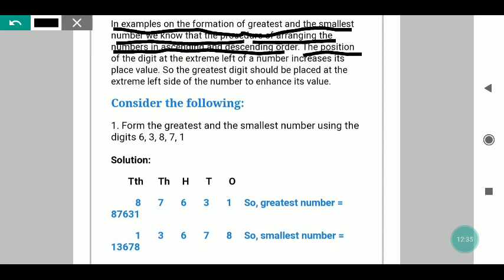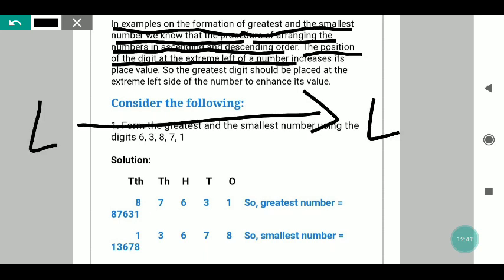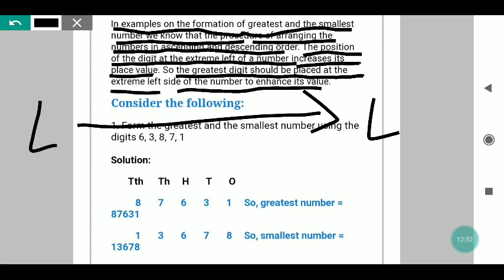The position of the digit at the extreme left, going from left to right, increases its place value. So the greatest digit should be placed at the extreme left side of the number to enhance its value. Enhance means to increase its value.